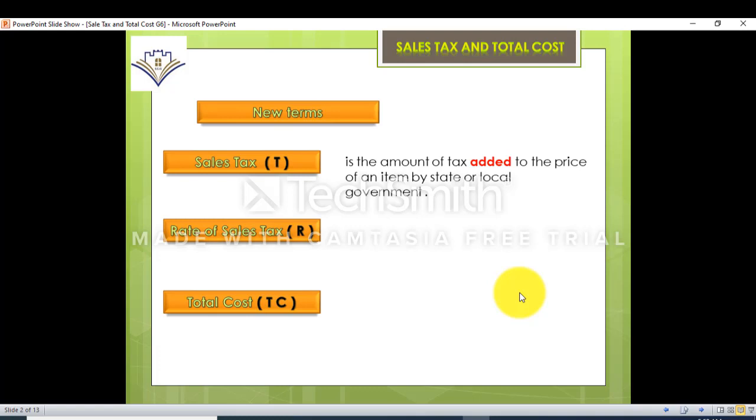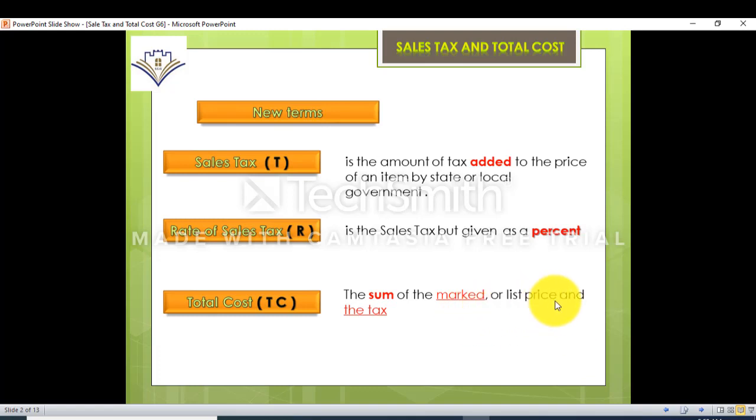The rate of sales tax is the sales tax given as a percent. Total cost, denoted by TC, means the sum of the market or list price and the tax.